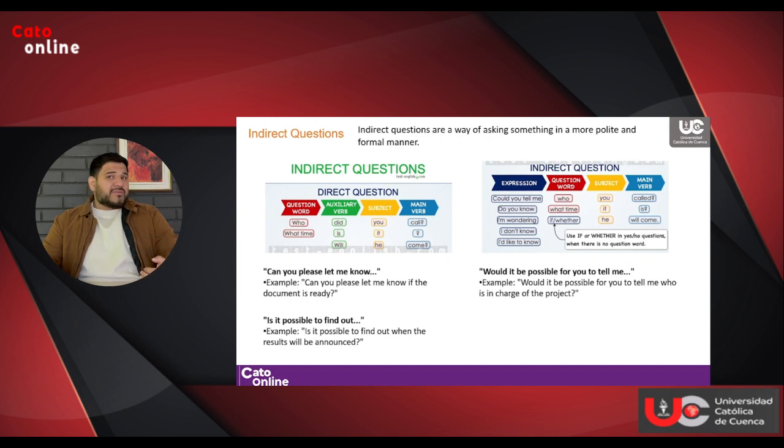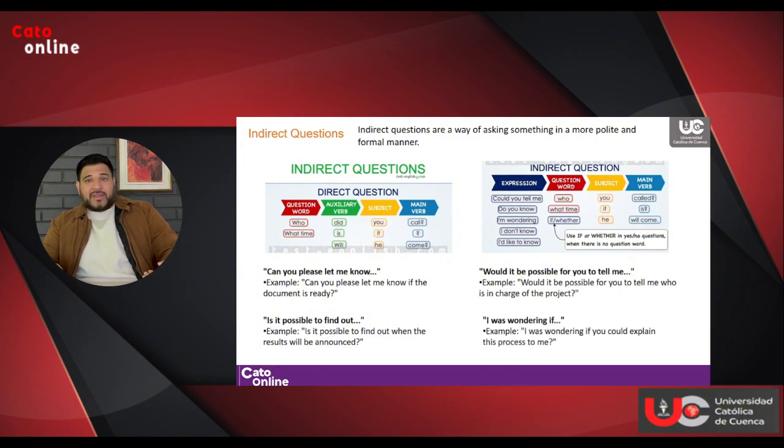Will it be possible to tell me who is in charge of the project? Another expression: I was wondering if you could explain this process to me. As you know, these expressions allow you to be more polite when you ask for something.